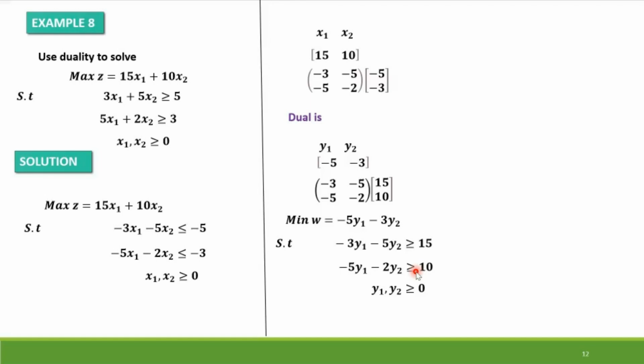So here it cannot be solved by simplex method, it has to be solved by big M method. So subtracting a surplus variable from both the constraints, and adding an artificial variable. So there will be two surplus variables and two artificial variables. So solving by big M method, subtracting a surplus variable and adding an artificial variable.